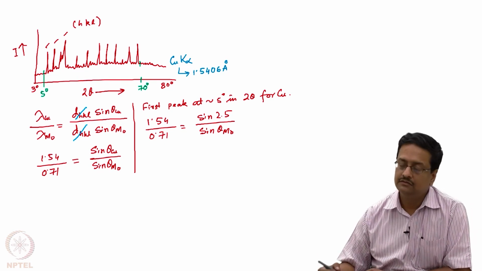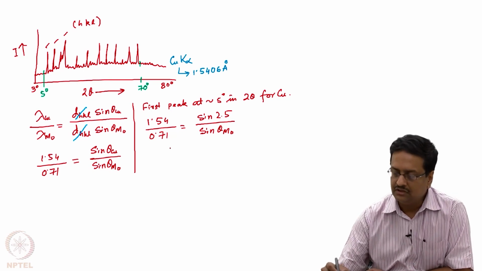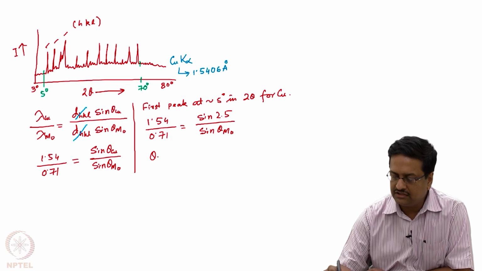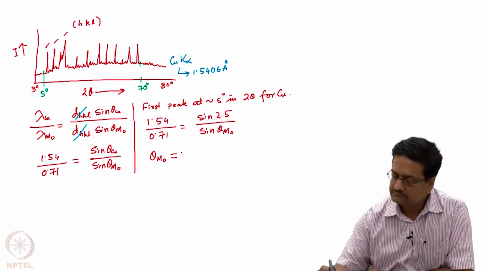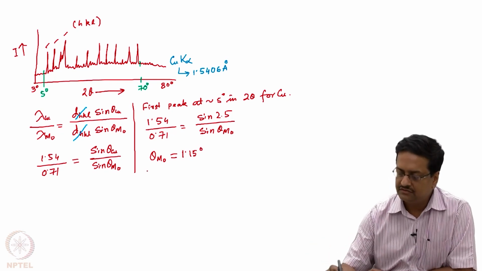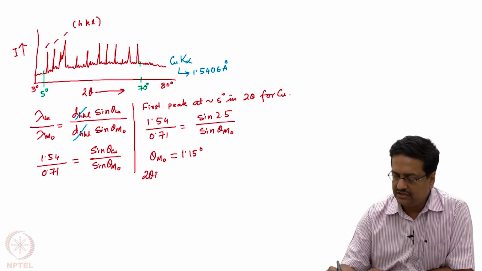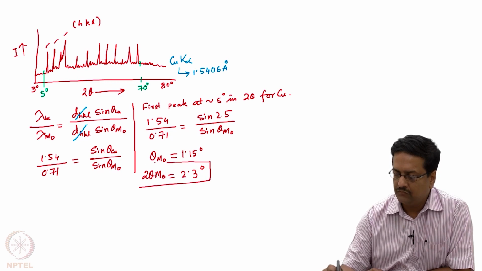For this situation, for the first peak that we found, theta Mo can be calculated, which means 2 theta Mo is 2.3 degree. Note this number.